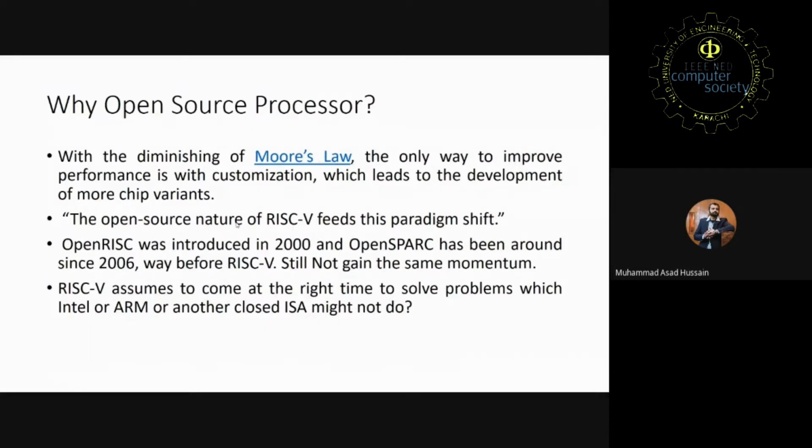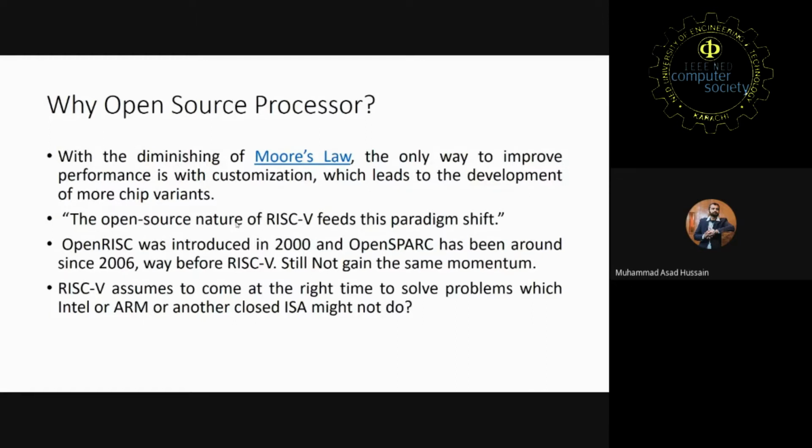As you are all aware of Moore's law, that's regarding the evolution of a transistor. In this modern era, Moore's law is diminishing right now. The transistor size is almost down to a few nanometers, and it cannot be reduced more than that.